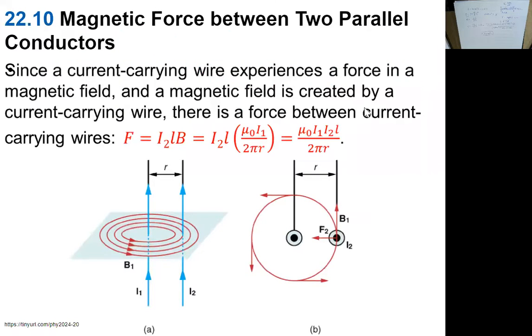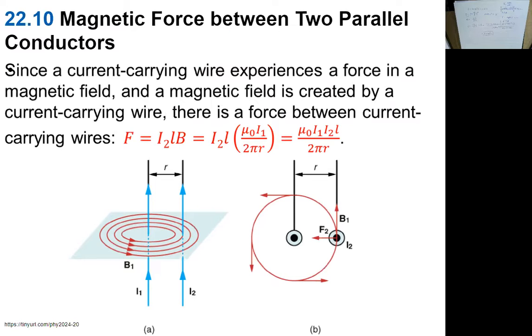Okay. So the next section talks about the magnetic force between two parallel conductors. As shown in the figure, there are two wires. They are conductors, both carrying currents I1 and I2.